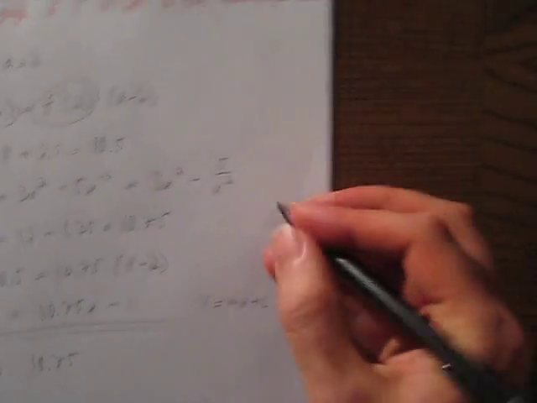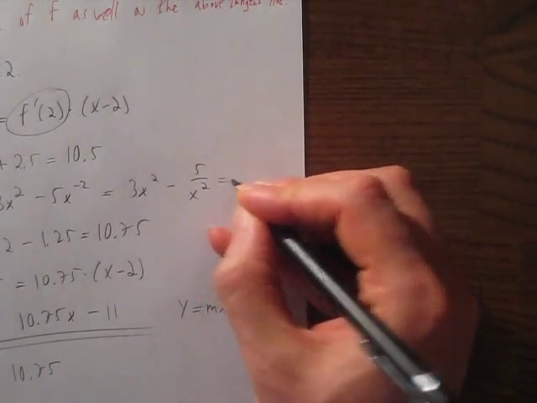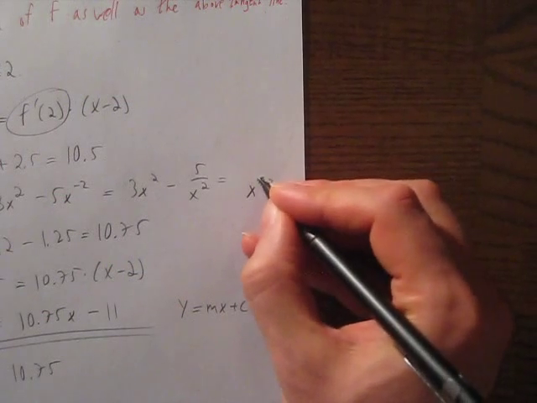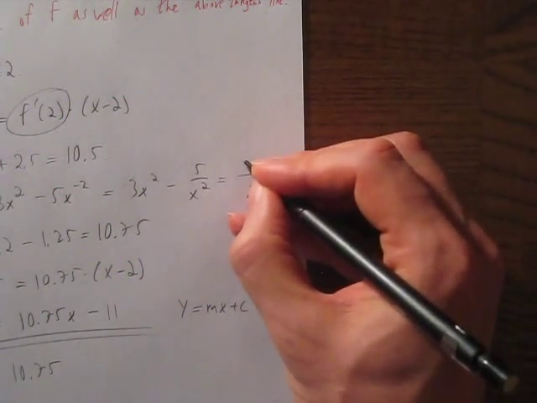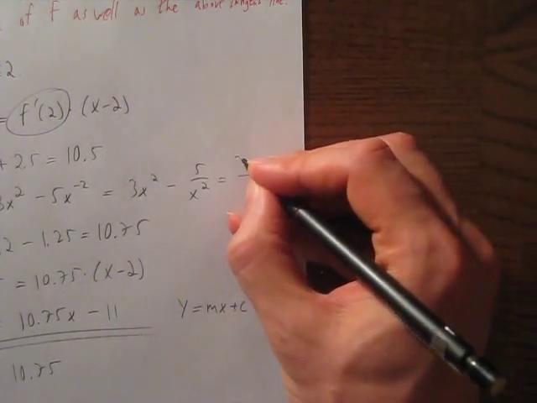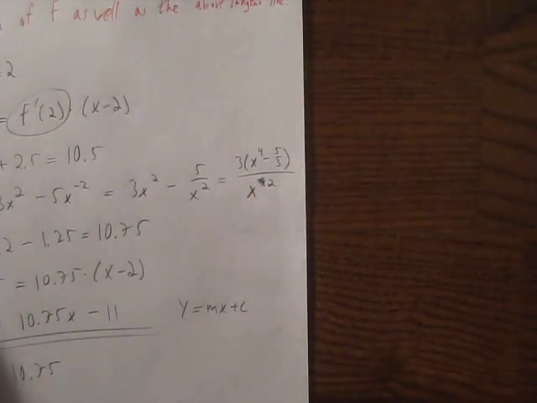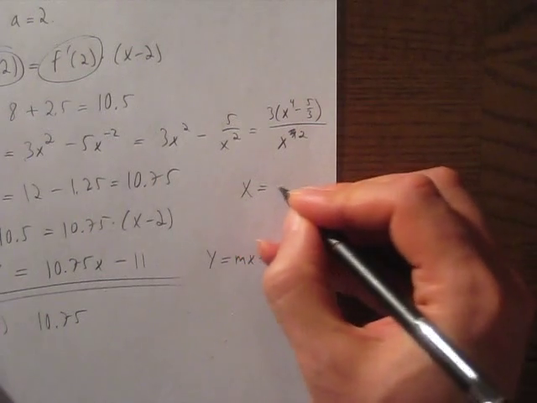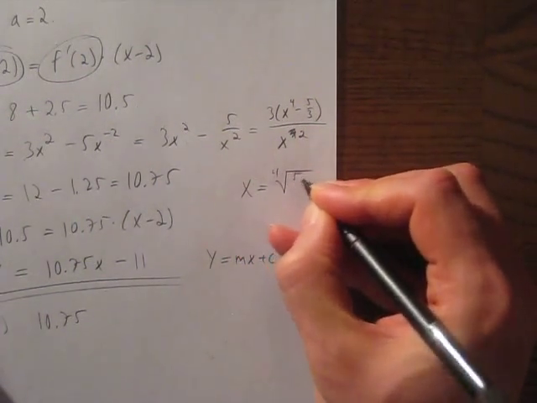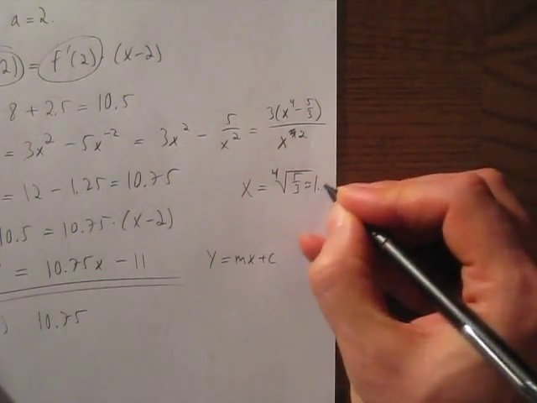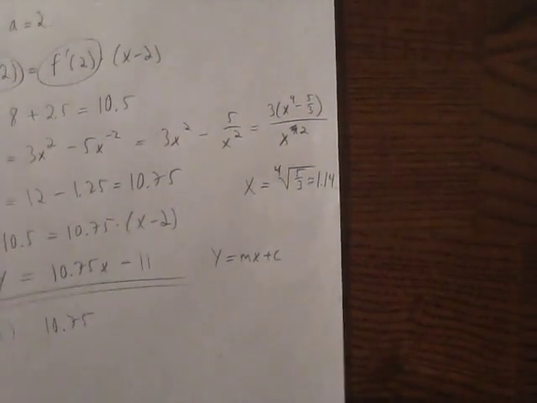Now for us, this was the derivative, which can be factorized like this, and therefore the x-coordinate of the bottom point is the 4th root of 5/3, or in other words, if you use a calculator, approximately 1.14.